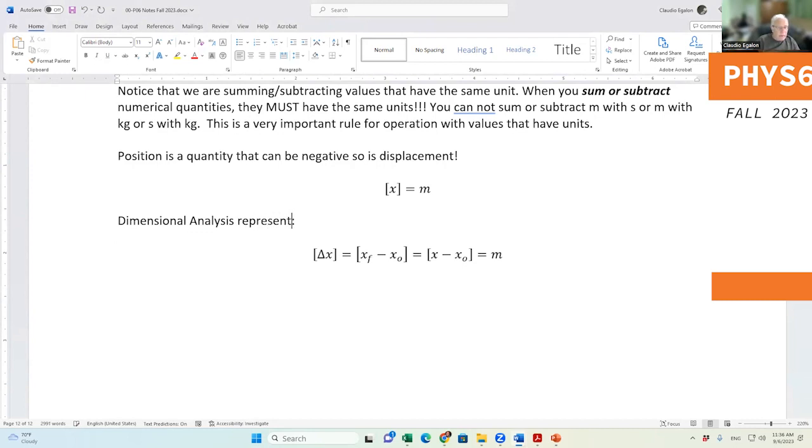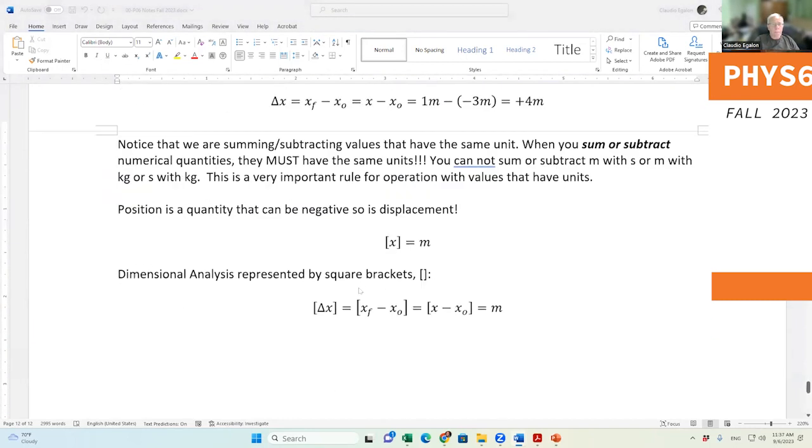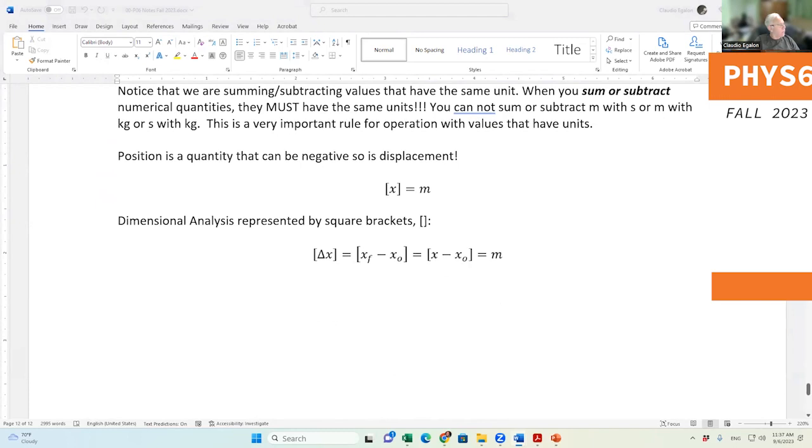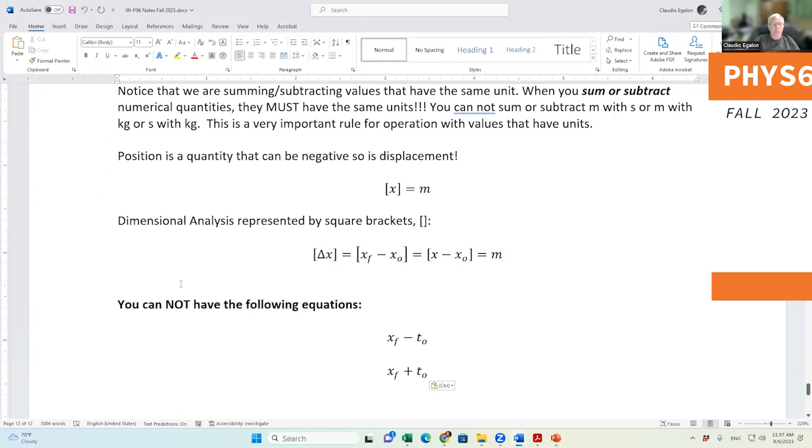That's what the square bracket is all about, represented by square brackets, like that. Now I'm going to emphasize you cannot sum or subtract quantities of different units.